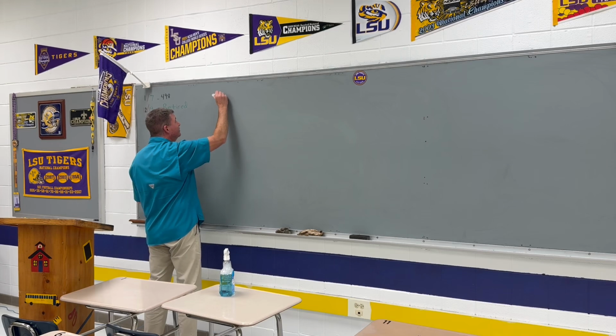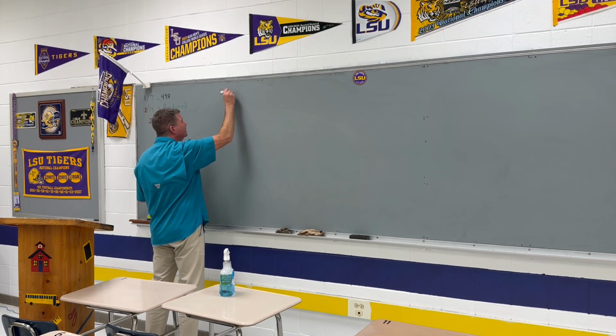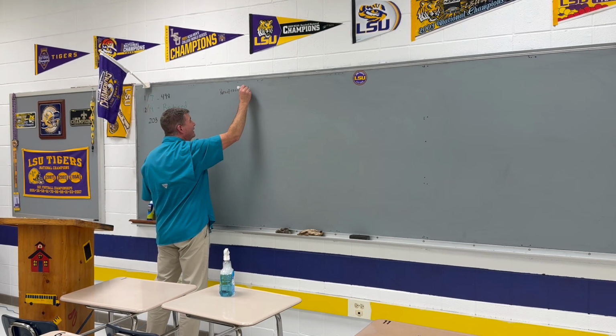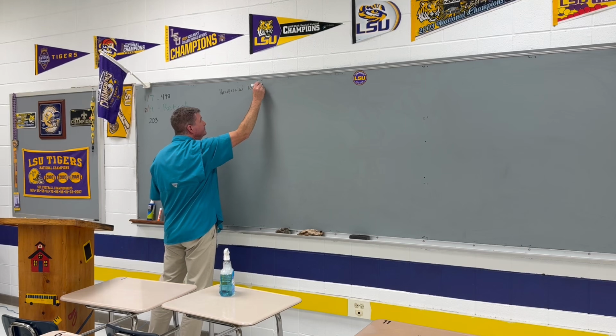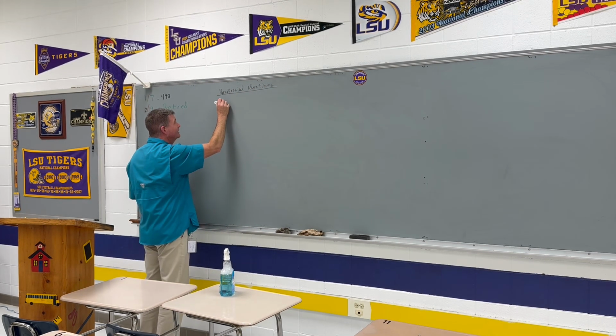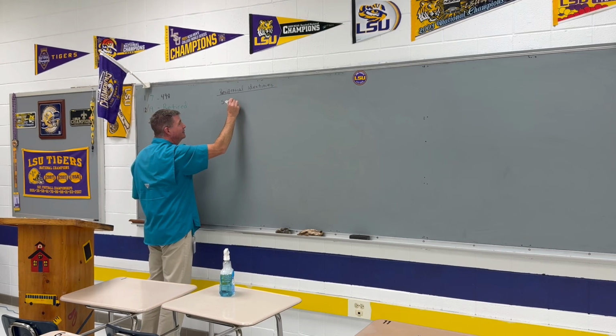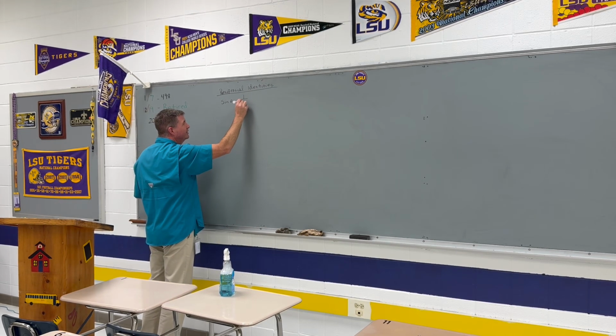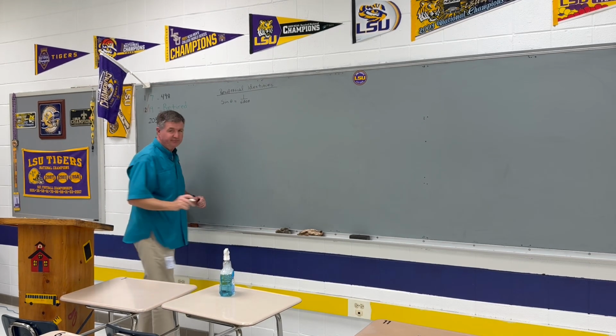So it's the reciprocal identity. Okay, and that one says that the sine of theta is equal to 1 over the cosecant of theta. It's always hard for me to write the cosecant.